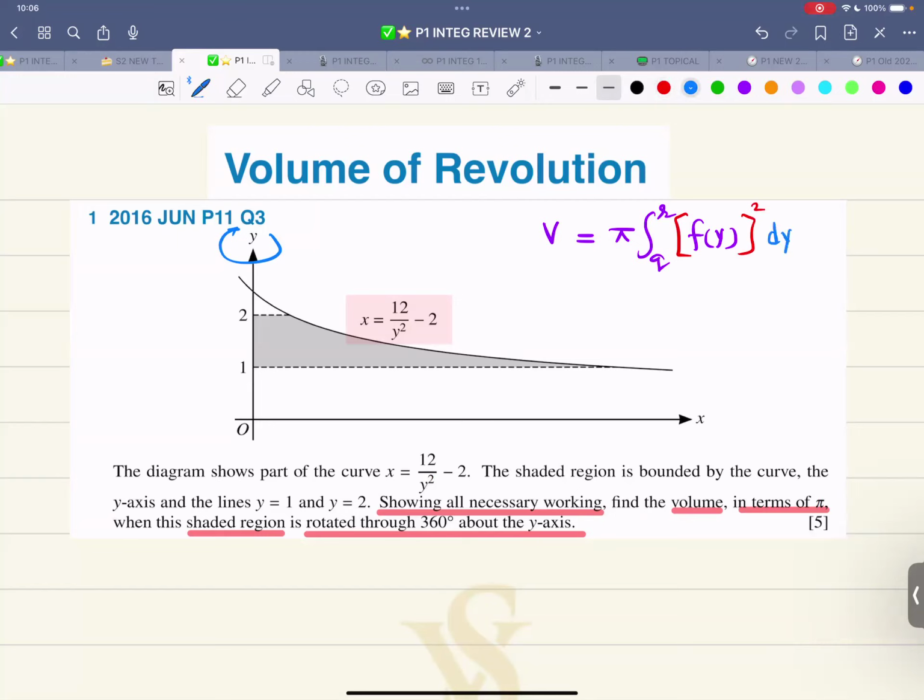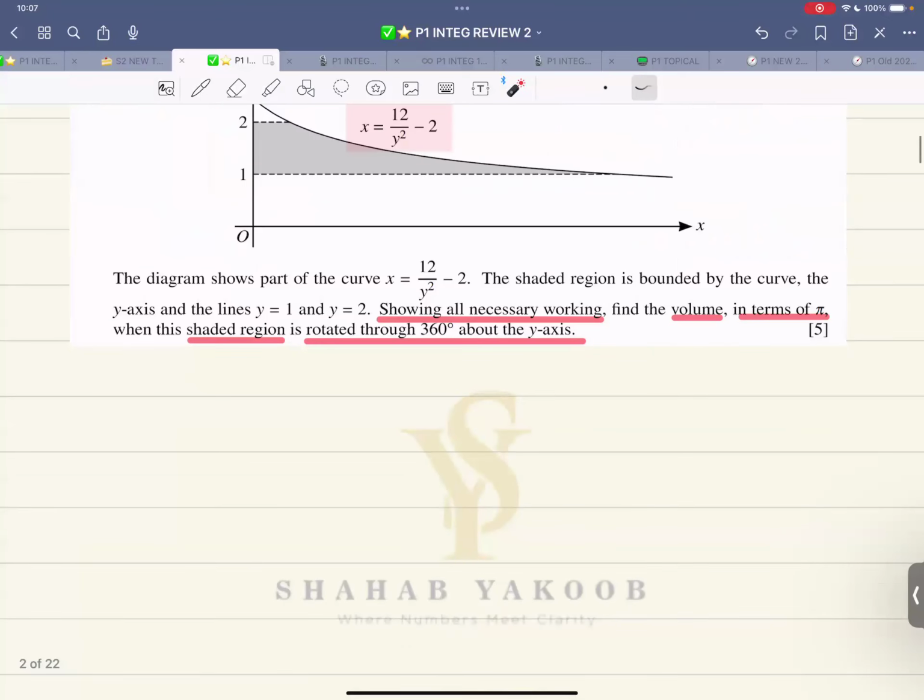Now, the steps are pretty simple. That is first square. Then naturally, you have to integrate. You have to plug in the limits. Don't forget to multiply by pi. Now, since it's being revolved around the y-axis, x should be the subject, which is already the case.